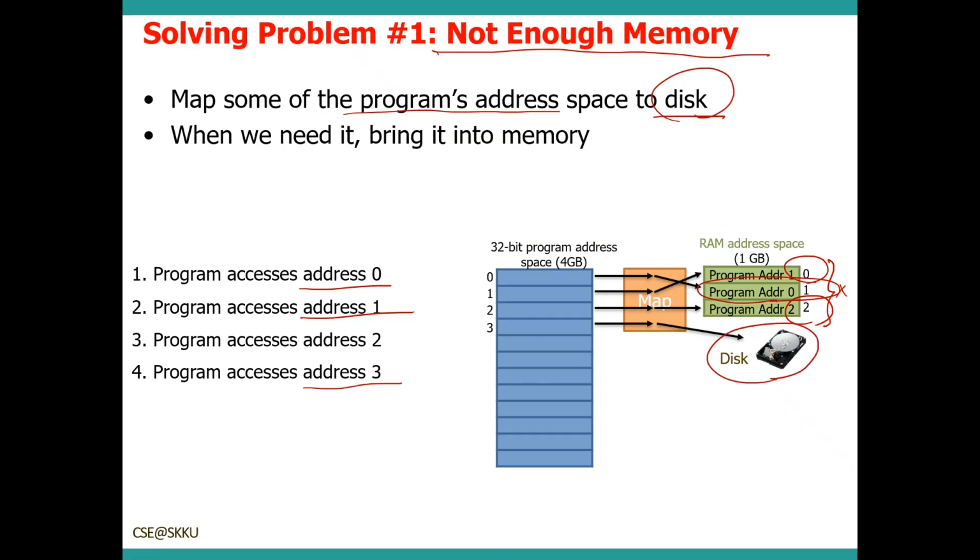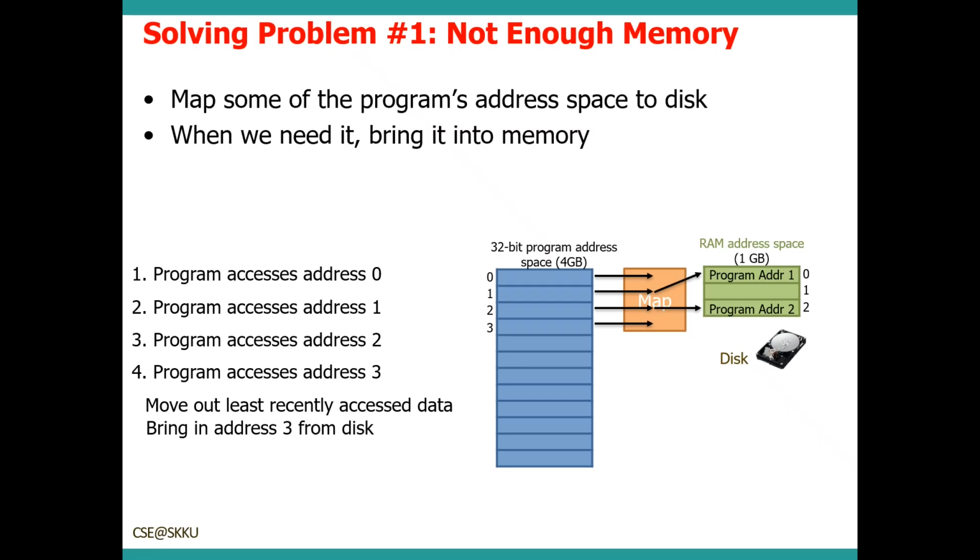Then if a program tries to access address 3, the data cannot be directly accessed because the data is in the storage device. So the data must be moved to the physical memory. The virtual memory system moves out the least recently accessed data and brings in address 3 from disk.